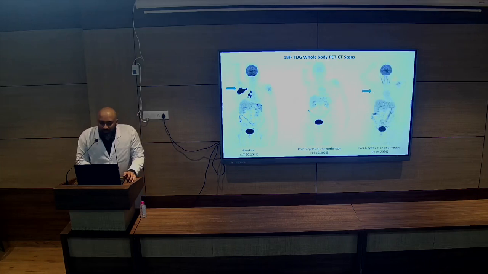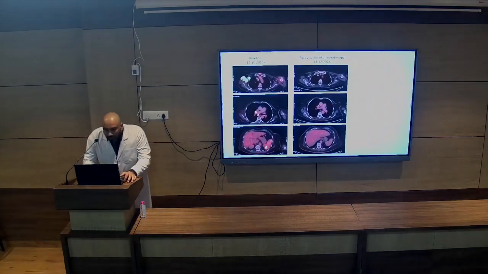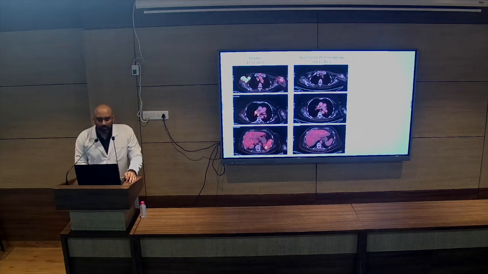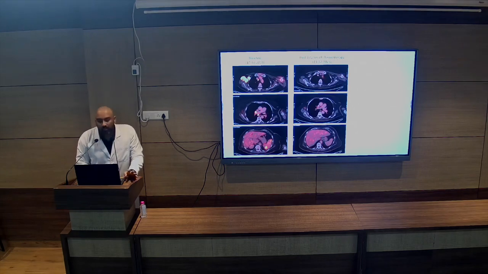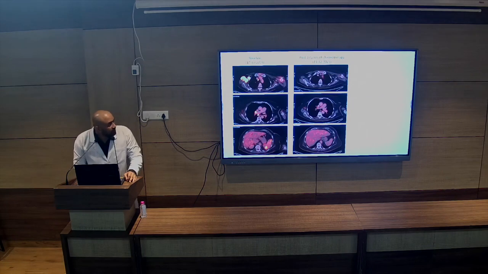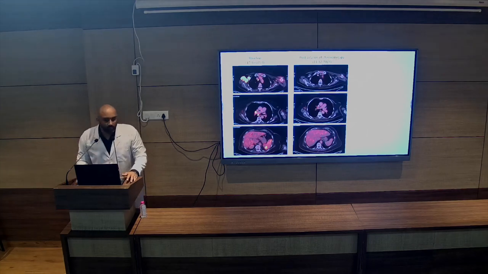On the post 6 cycles of chemotherapy scan, there was a reappearance of the FDG uptake in the right axillary region, while there was no such reappearance in the mediastinal as well as the splenic region. Coming to the axial sections of the fused PET CT images, corresponding to the results we saw on the MIP images, we can clearly see there was resolution of most of the previously seen lymph nodes in the right axillary region as well as the mediastinal regions, and the hypodense FDG-avid splenic lesions were also resolved.